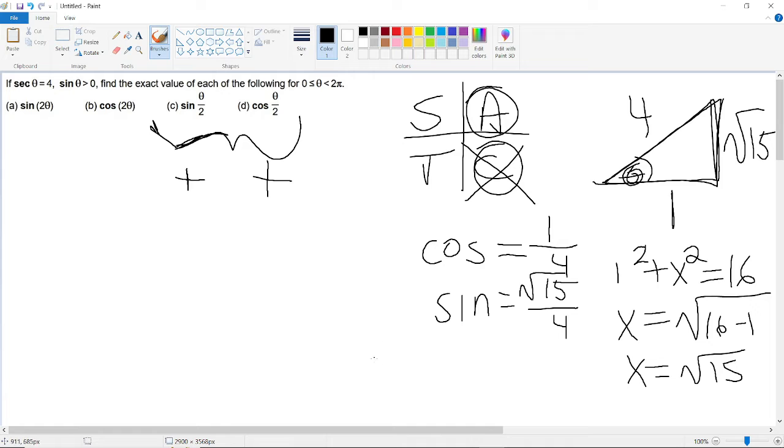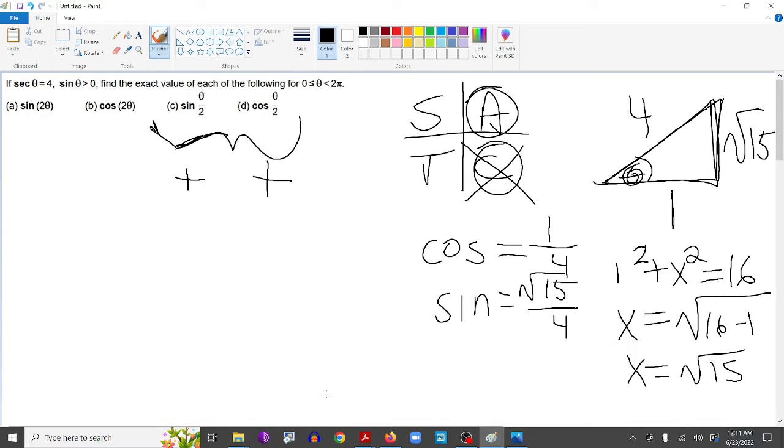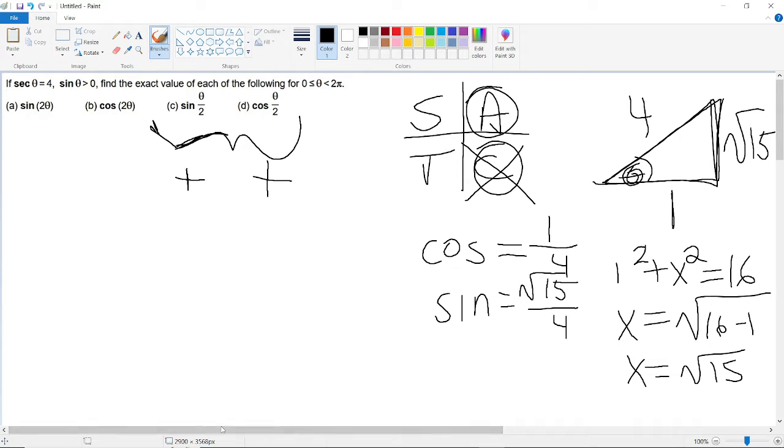So now we have what we need for our half angle and double angle formulas. Let's calculate them. Let's do A. Sine of 2 theta. Look it up if you would like to. It is going to be 2 times sine of theta, which is square root of 15 over 4, times cosine of theta, which is 1/4.